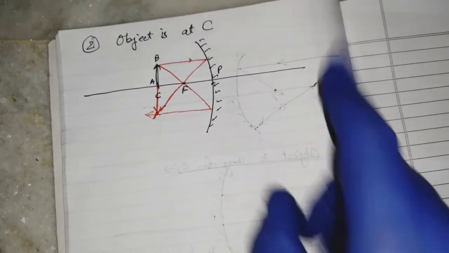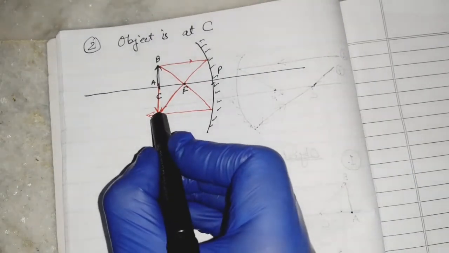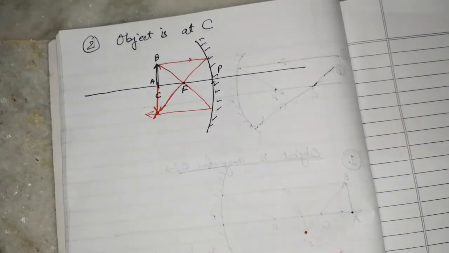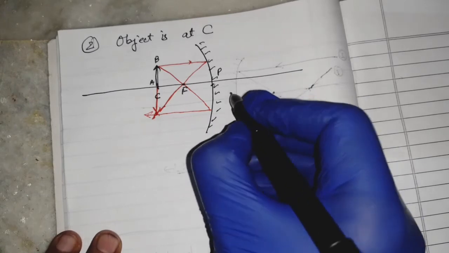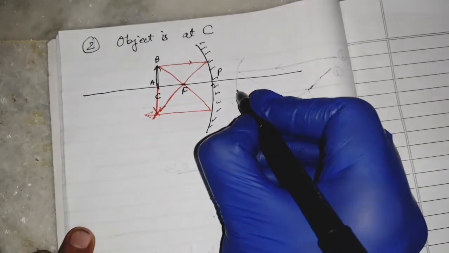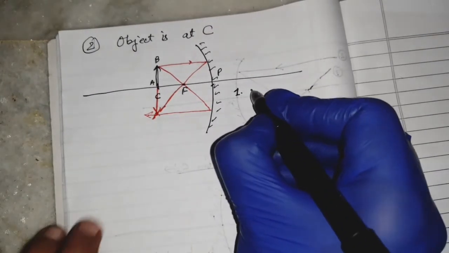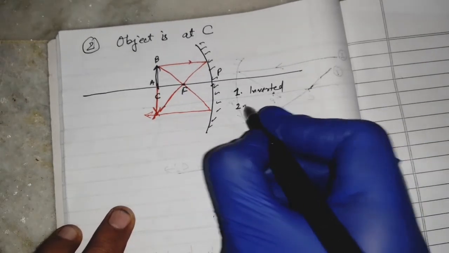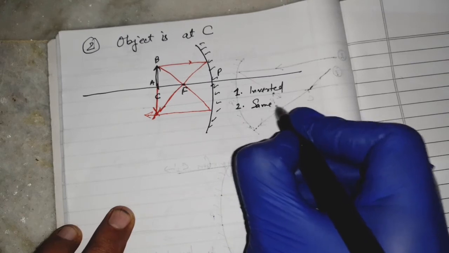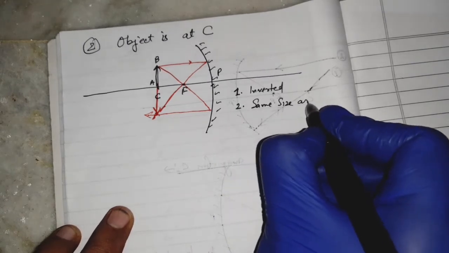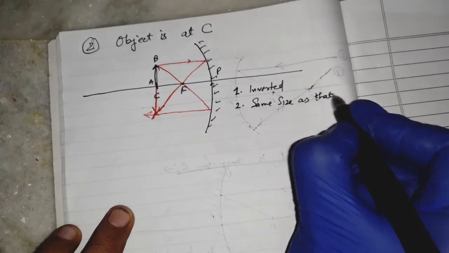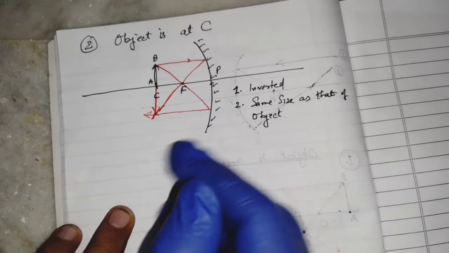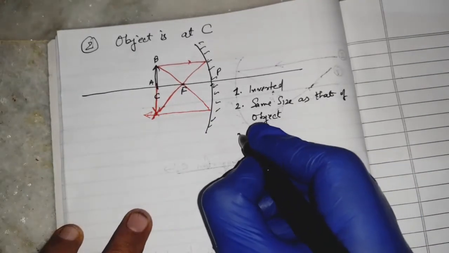The image is formed at the point where the object is, but in the inverted position. That is, number 1, the image is inverted again. Number 2, it is of the same size as the object. Earlier it was diminished, but now it is of the same size.